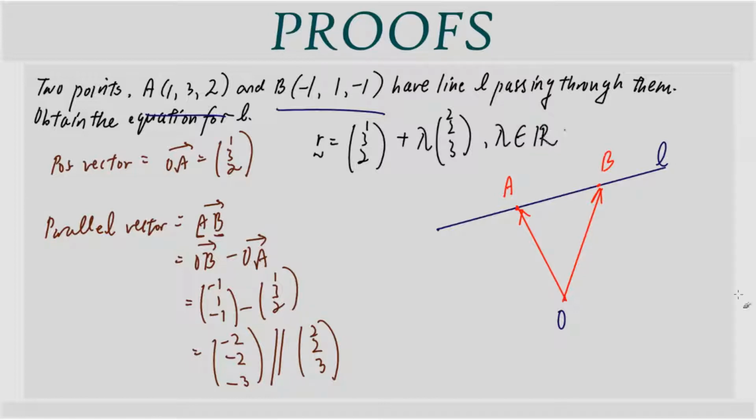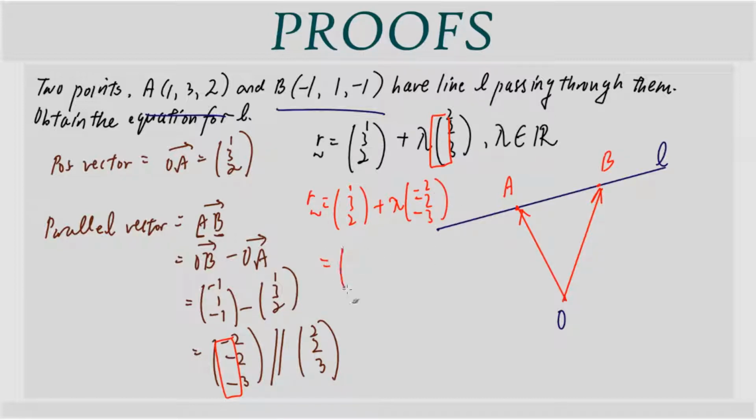And the reason why I could eliminate the negative sign is because if I use the negative sign for the parallel vector, let's say it was -2, -2, -3, right, then that would be R is equal to 1, 3, 2 plus lambda times -2, -2, -3, right?